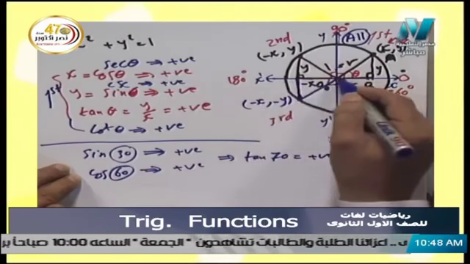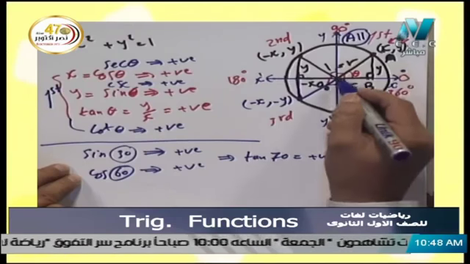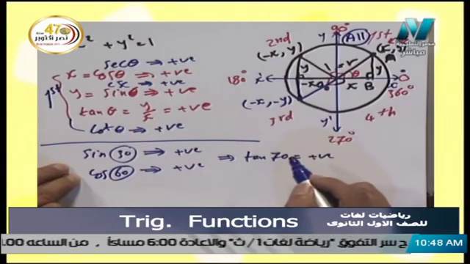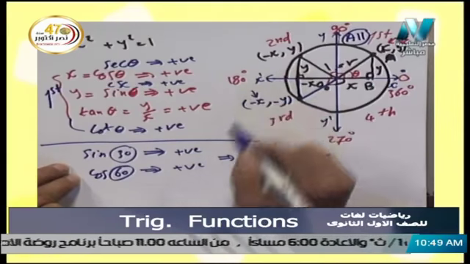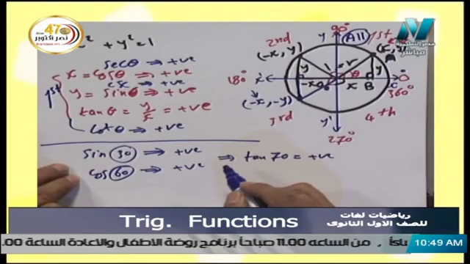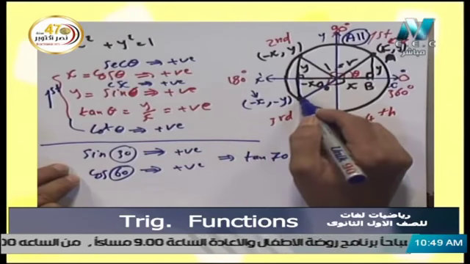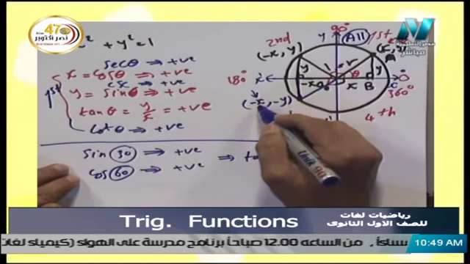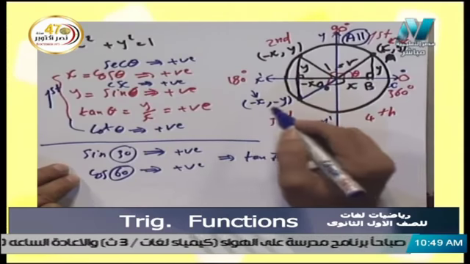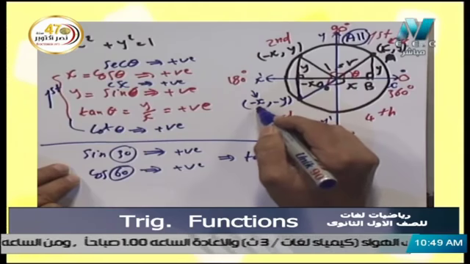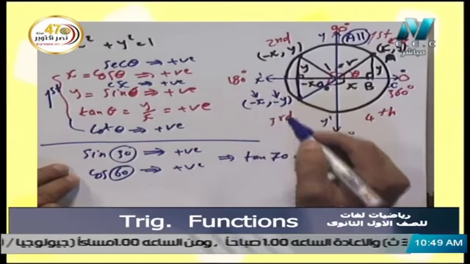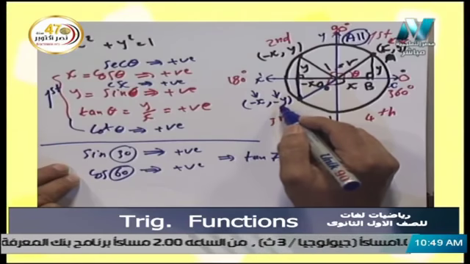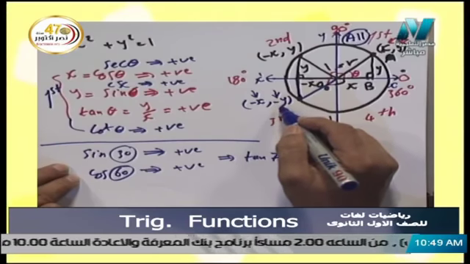We know that ox here is positive, ox dash is negative, so it's negative and negative. So we can say that cosine, the angle which lies in third quadrant, is negative, and of course its reciprocal, sec, is negative. Here sine theta is negative, and its reciprocal, which is cosec theta, is negative.